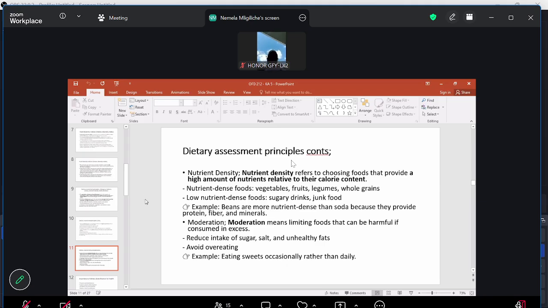So we advise people to eat more high nutrient density foods in order to stay healthy, if they can afford them. So nutrient density means choosing foods which provide a high amount of nutrients relative to their calorie content: a high amount of other nutrients, a small amount of calories. That is nutrient density.